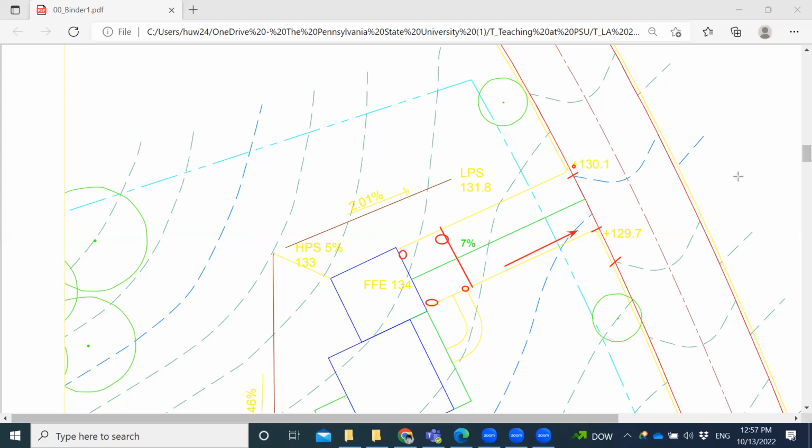Okay. So you have your garage FFE being 134, and then with 5%, HPS could be 133, that's okay. And then we have 131.8, you get about 2%.